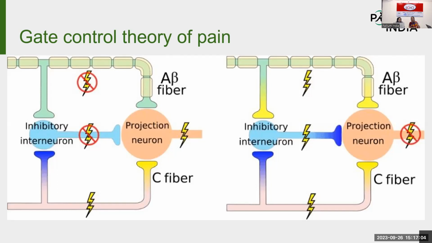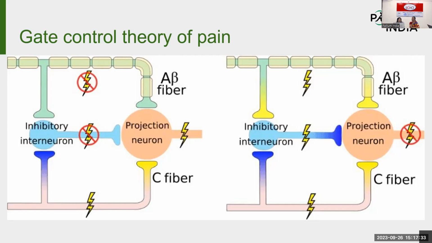Whenever the C fiber is stimulated, you see the picture on the left side. When the C fiber is stimulated, the A beta, that is a large fiber, and the descending inhibitory pathway we saw earlier is inhibited. So in that first picture on the left, the pain is perceived.